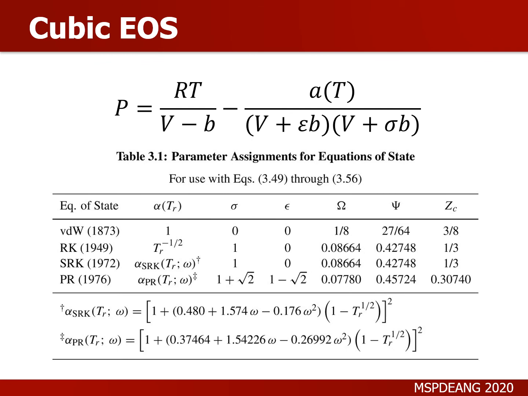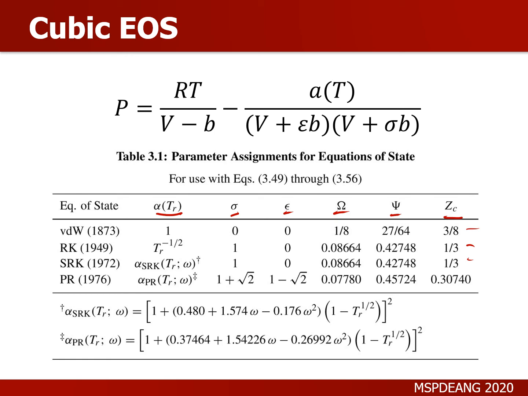Now, how do you evaluate these equations of state? SVA summarizes them through the following table. We now have alpha TR, sigma, epsilon, omega, psi for these different equations of state. And ZC is approximated differently by the different equations of state. It is 3/8 for van der Waals, but 1/3 for Redlich-Kwong and Soave-Redlich-Kwong.